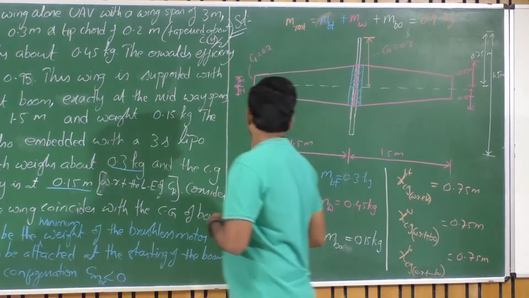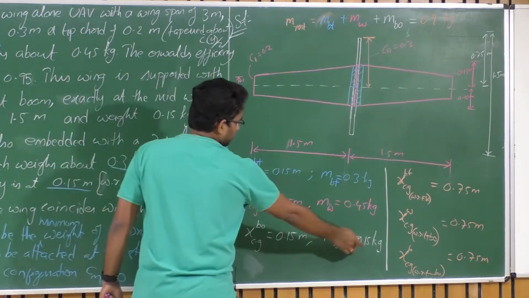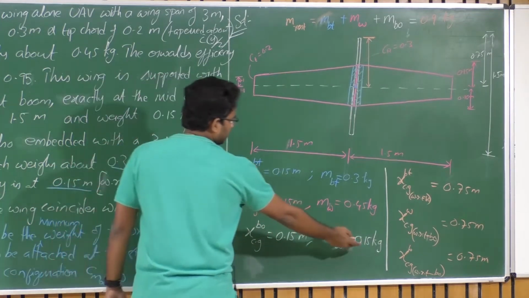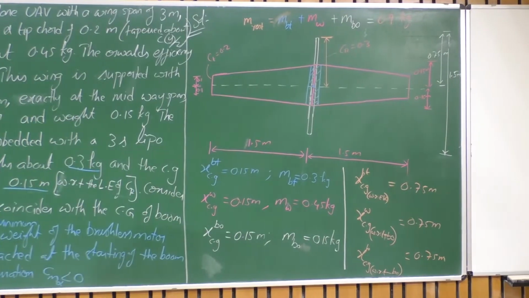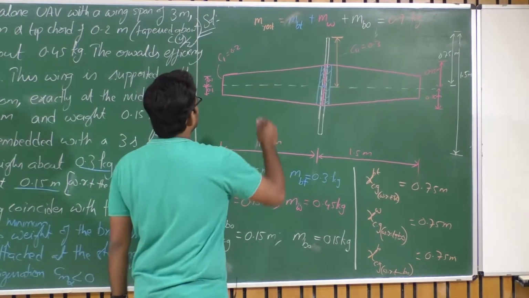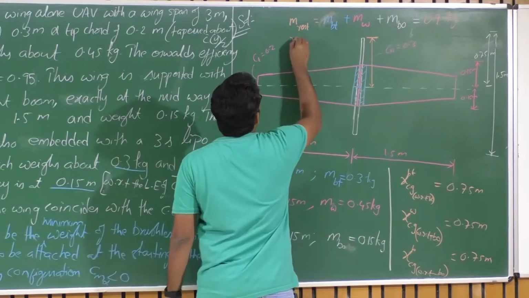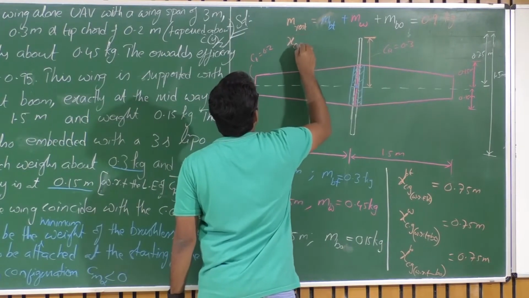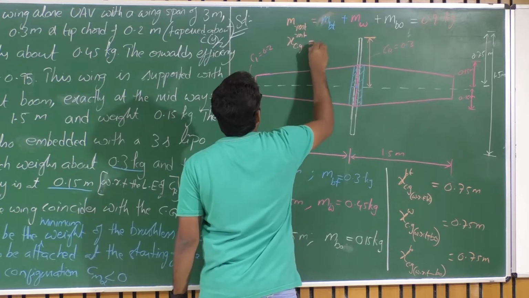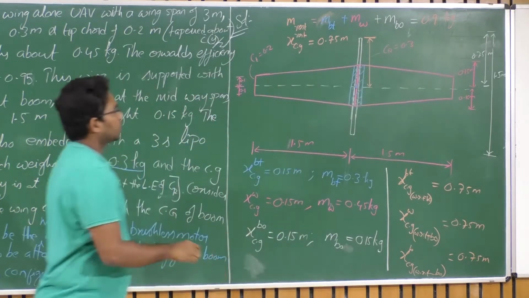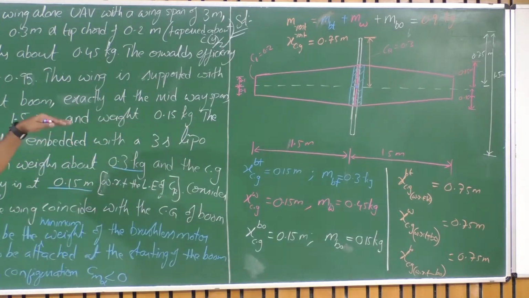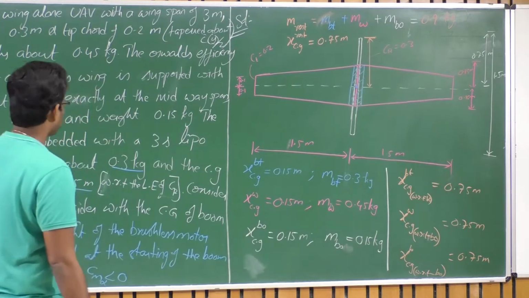We can add it: 0.3 plus 0.45 is 0.75, plus 0.15 is 900 grams. And the CG of all this, X CG of rest, is equal to 0.75 meters. So with all these components together, the CG is also at 0.75 meters.